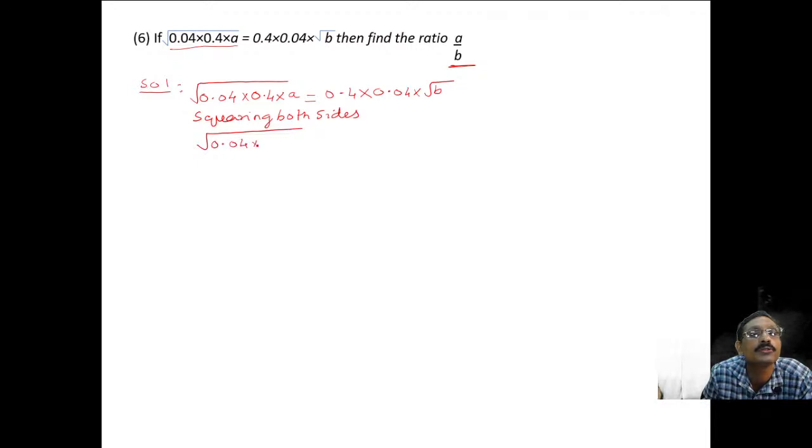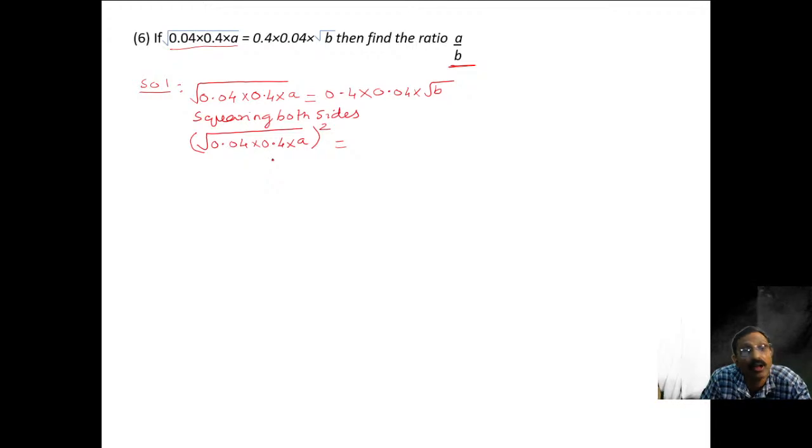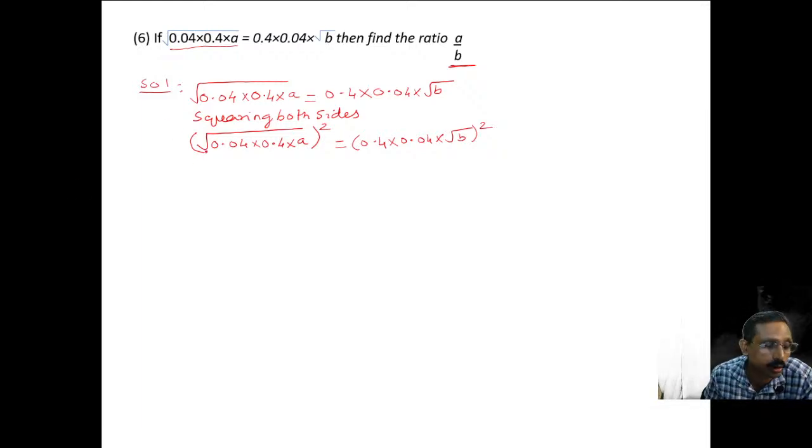0.04 into, you have to be very careful with this point, 0.4 into a, put a square over here, which is equal to, now what we have on the other side, 0.4 into 0.04 into root b and the square of that. Now we have squared both sides. Now what output are we going to get?